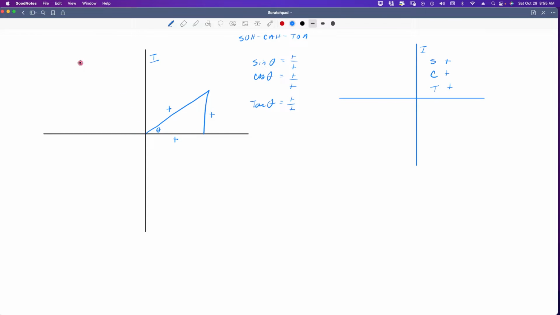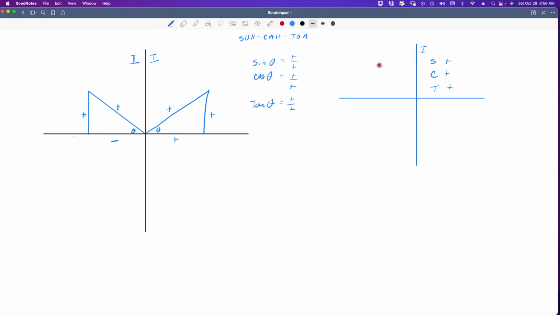All right, so looking at quadrant 2, here's our angle theta. Well, this is negative, hypotenuse is always positive, and this is positive. So in this case, we have opposite over the hypotenuse for sine.